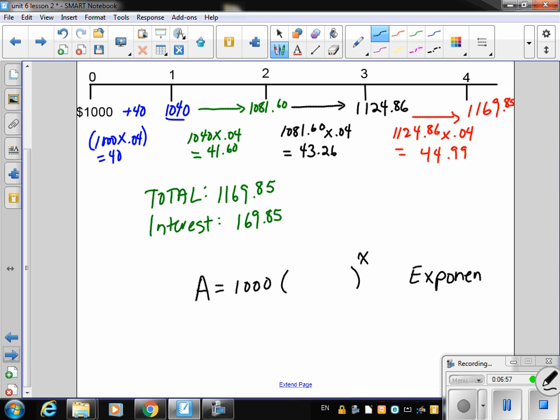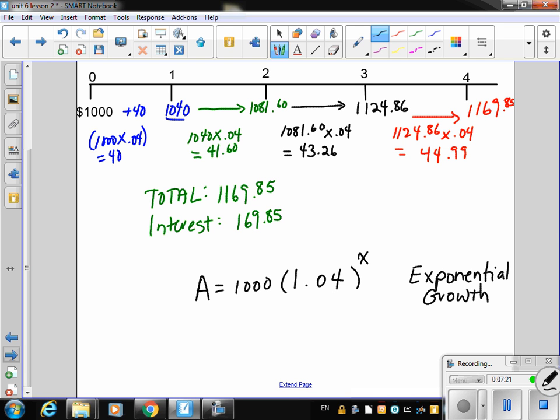So we need to think about what is that rate of growth. Initial value is 1,000. I'm growing, so it's got to be bigger than 1. I'm growing at 4%, so 1.04 is my rate of growth.